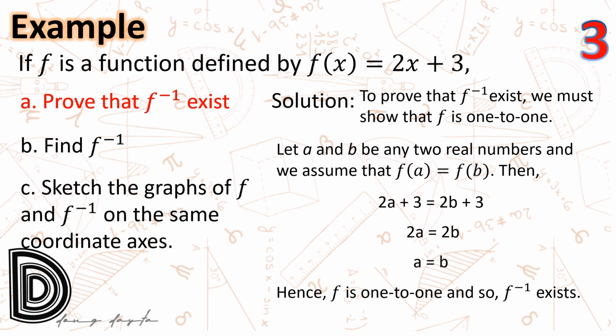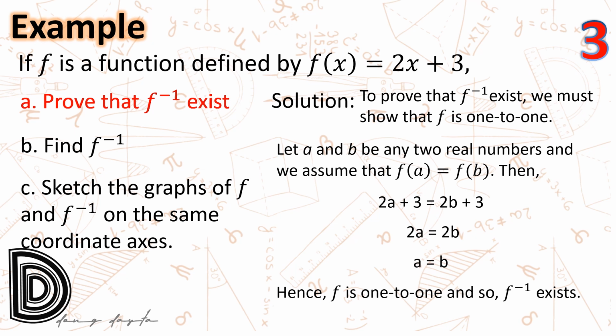Another way to prove that f is 1-to-1 is to graph the function f of x equals 2x plus 3. We'll see that this is a linear function. And in the previous lesson, we used the horizontal line test to see whether a function is 1-to-1.